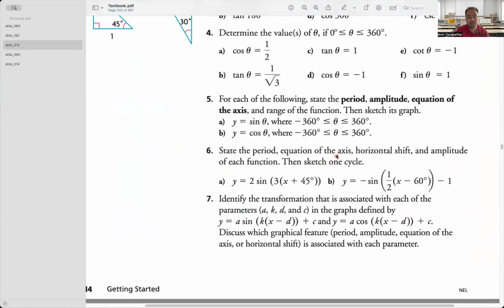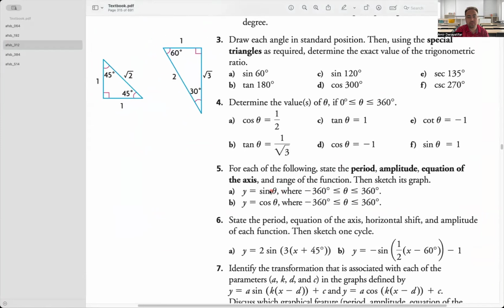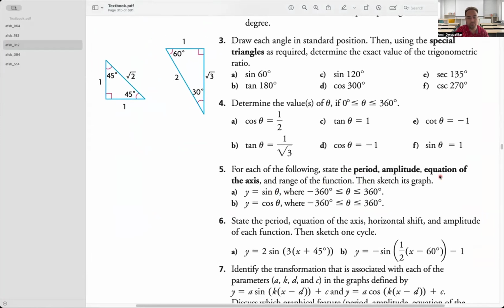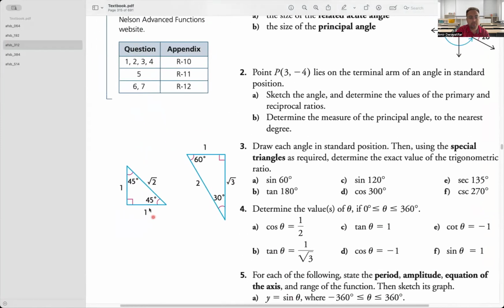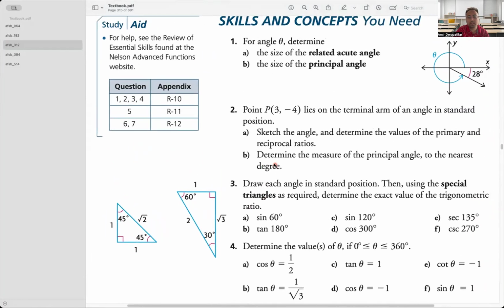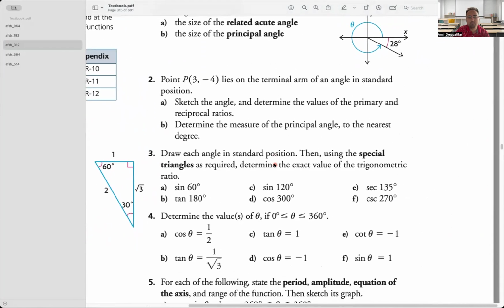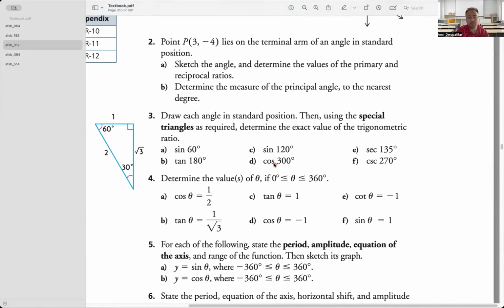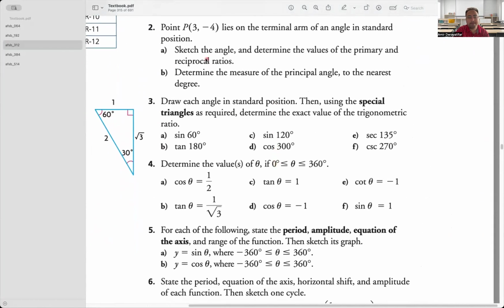We're going to talk about the graphs later on, so don't worry about period, amplitude, equation of axis. Those will come later. But as you can see here, we have the two special triangles: 45, 45, with sides 1, 1, root 2, and 60, 30 degrees, with sides 1, root 3, and 2. Can I ask you guys to do question 2, and that's it, question 2 only from this page. And let me try the next questions on the other page.